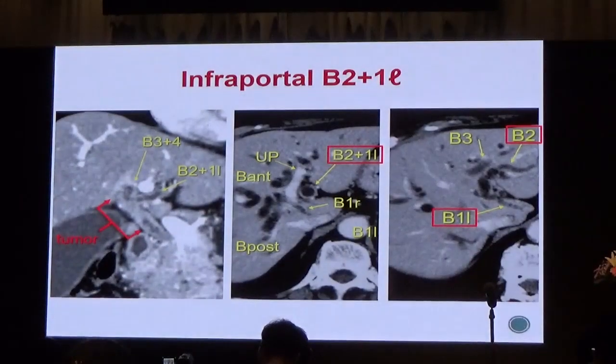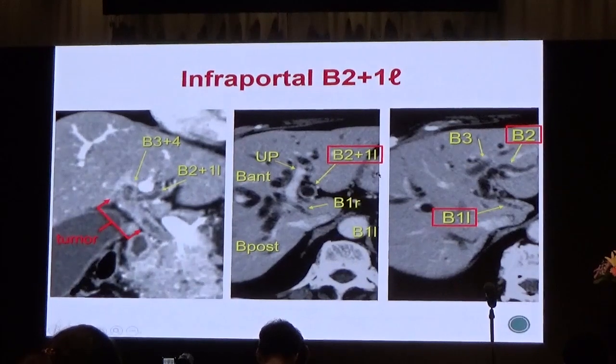Now I will show you a very rare anatomical variation of the intrahepatic segmental duct. Here you see diffuse cancer progress above and below the hepatic confluence in the coronal view. Looking at the actual view, you see the biliary duct, B2, which joins the biliary duct of the left caudate lobe branch. B2 joins the B1L here.